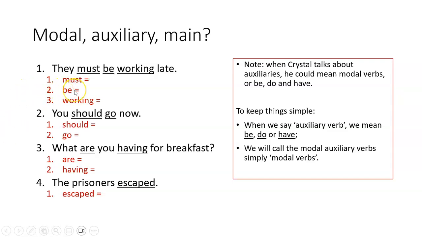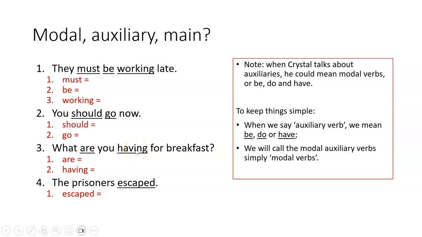Okay. What we see here is working is the main verb, must is the modal, be is the auxiliary. Should is our modal verb, and go is then the main verb.